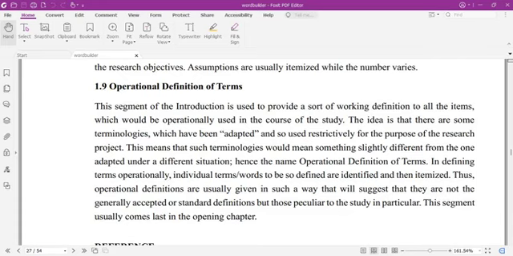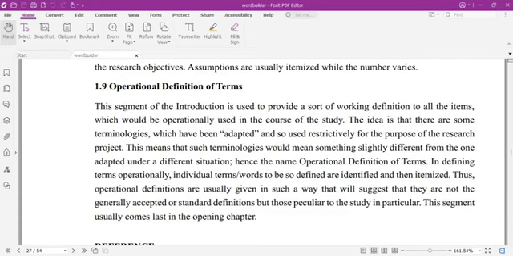Do you get that? The terms may have a different definition in other areas, in other situations, but what you're defining is in relation to the work you're doing. Your statement, your topic, the work you are doing, your own very research. That is what the definition is towards.